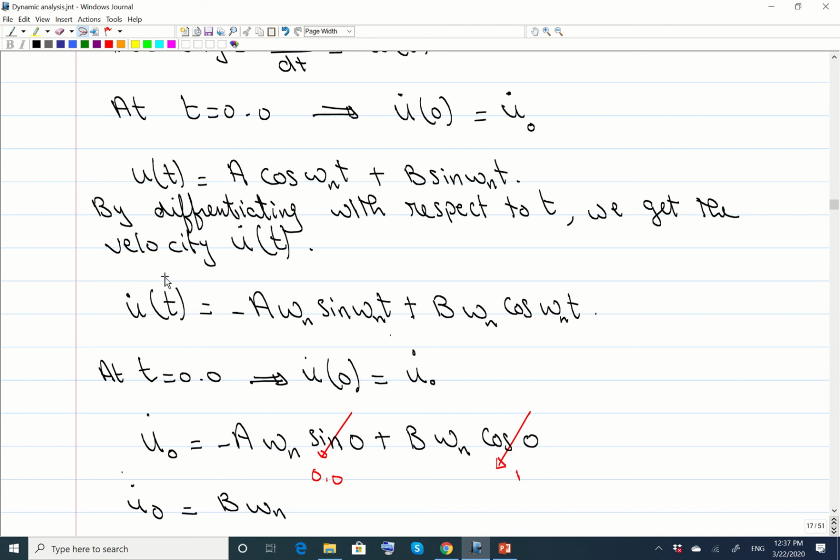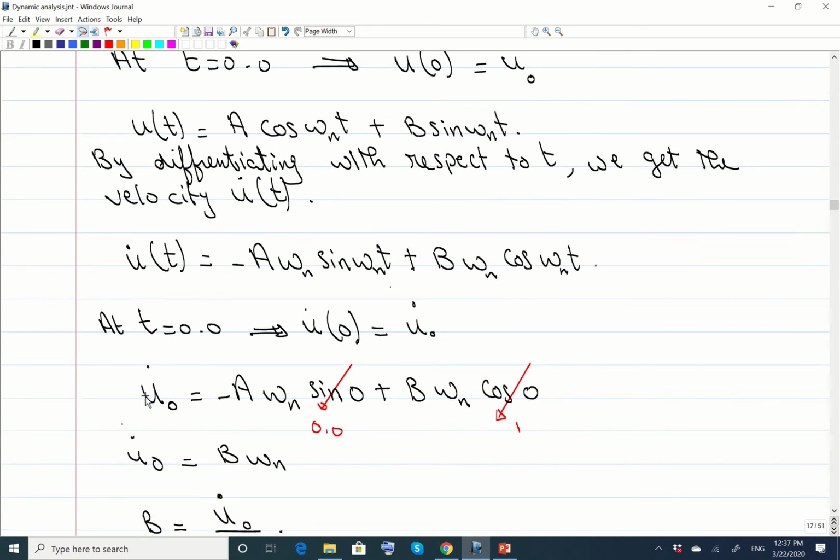So now the velocity of the vibration at any time t comes from this equation. What about the initial velocity, when t is equal to 0? If we know it, we can just substitute it over here. The initial velocity is u dot naught. u dot is the velocity, naught means the initial.